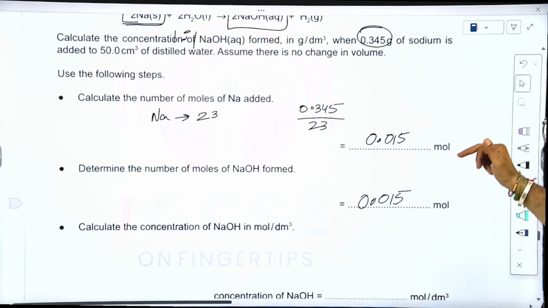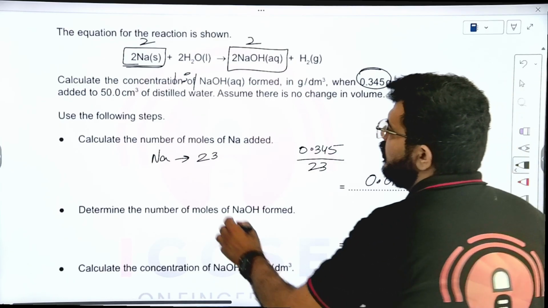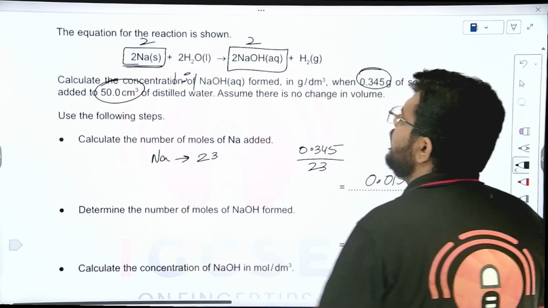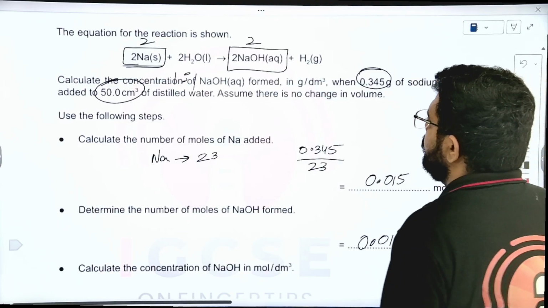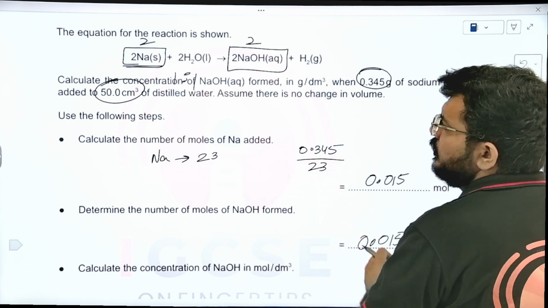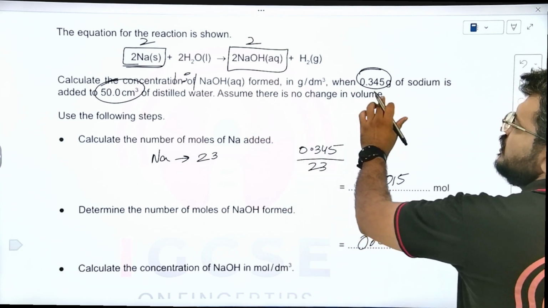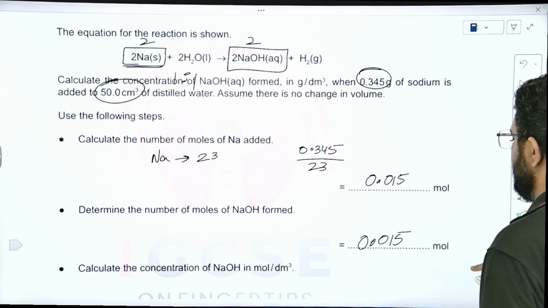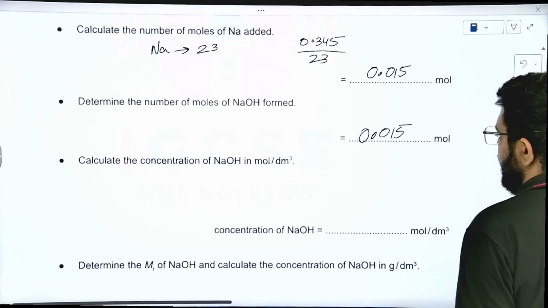Then what do we have? Calculate the concentration in mole per dm cube. What is the volume of sodium hydroxide? 50 centimeter cube of water, right? Assume there is no change in volume, which means there is 50 centimeter cube of water present even after this reaction.